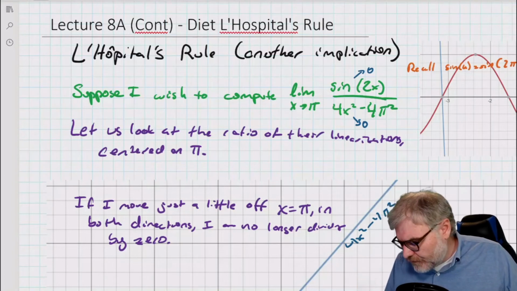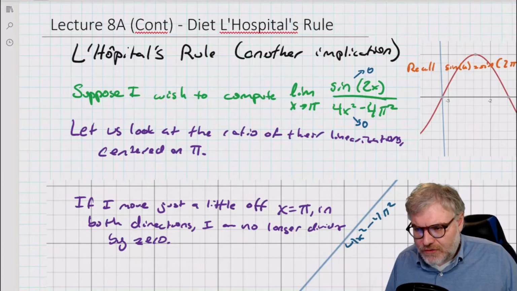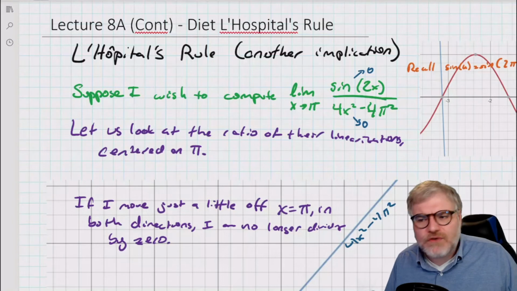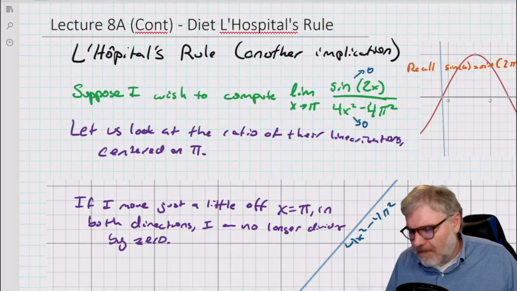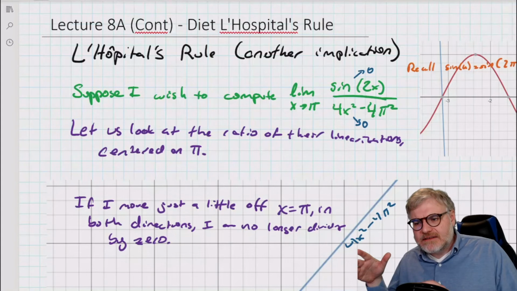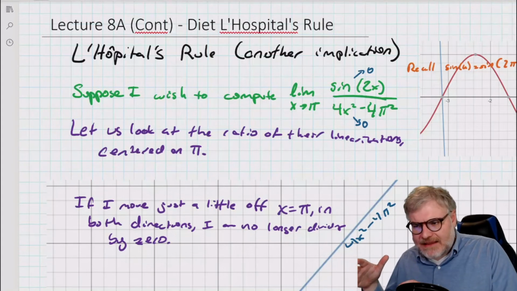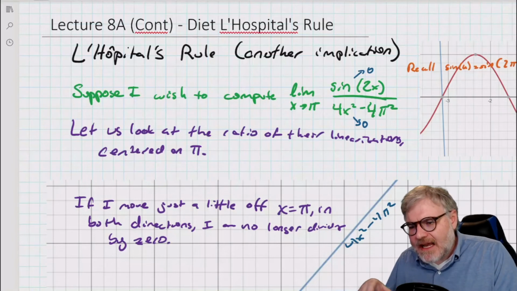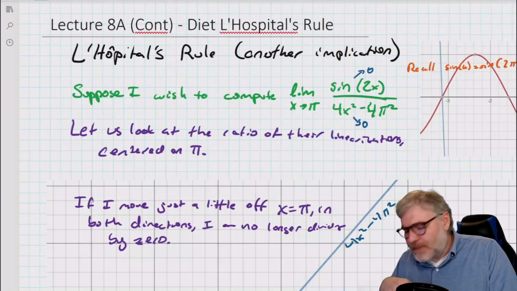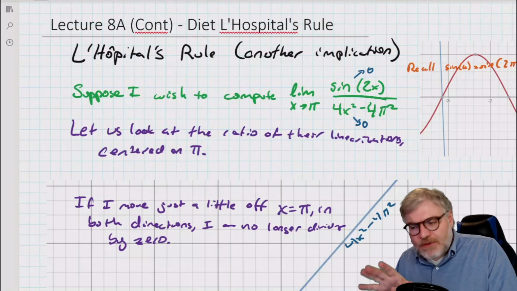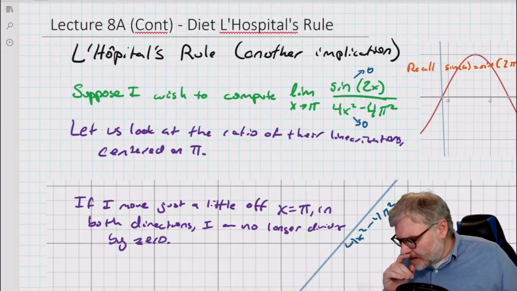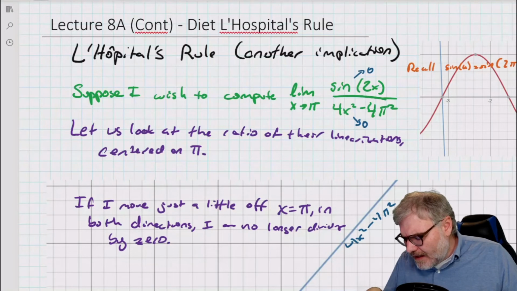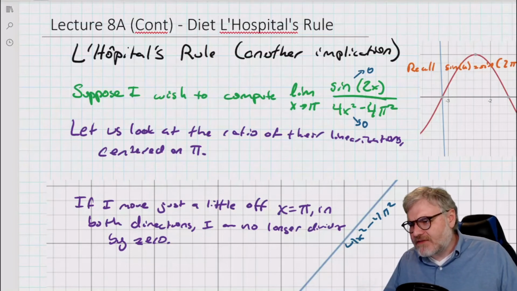I'd have to move sine over because sine is modulo 2 pi, so I'd have to add 2 pi to the thing and then futz with it. But I could do it. It would be unpleasant. But let's instead say, okay, I want to find the limit of this function as x goes to pi.